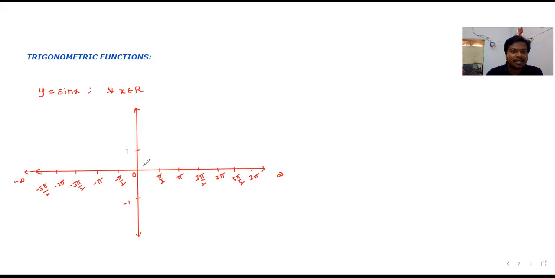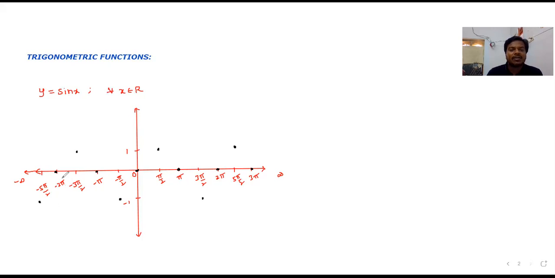We know that sine 0 is 0, sine 90 is 1, sine pi is 0, sine 3 pi by 2 is minus 1, sine 2 pi is 0, sine 5 pi by 2 is 1, sine 3 pi again 0, sine of minus pi by 2 is minus 1, sine of minus pi is 0, sine of minus 3 pi by 2 is plus 1, sine of minus 2 pi is 0, and sine of minus 5 pi by 2 has value minus 1.